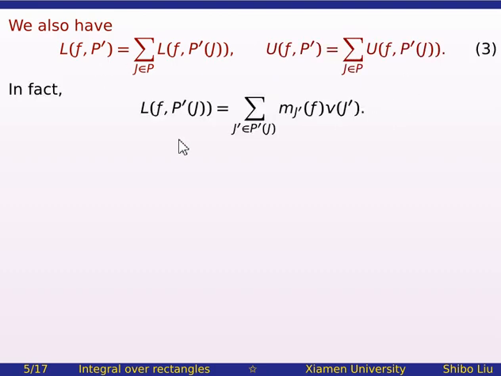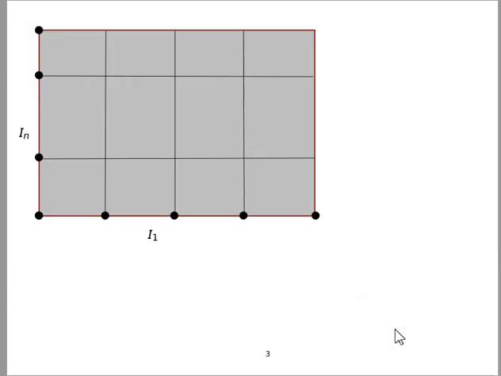The proof of this is not difficult. By definition, the lower sum of f with respect to P prime J is the infimum over every subrectangle from the partition P prime J, multiplied by the volume of J prime of the rectangle, and then summed up. Our P prime is the union of the P prime J for every J from the original partition P. Let's have a look.